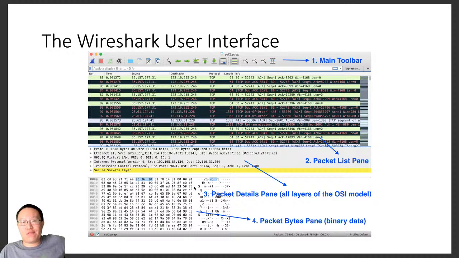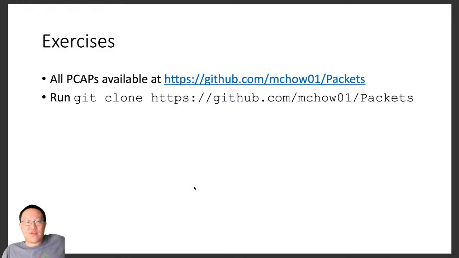Okay, so this is all nice, but let's do the hands-on demonstration. Let's do a bunch of hands-on exercises. This presentation slide and all the exercise PCAPs are available on GitHub at github.com/mchow01/Packet, capital P. You can clone it onto your computer with git clone, or you can just download a zip file of the entire repository.